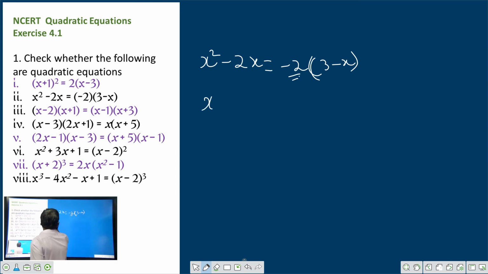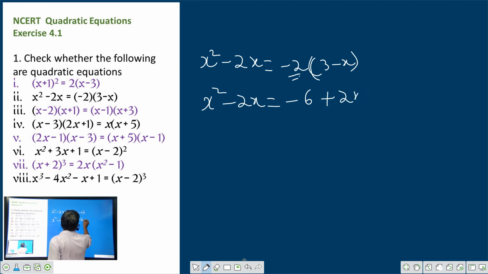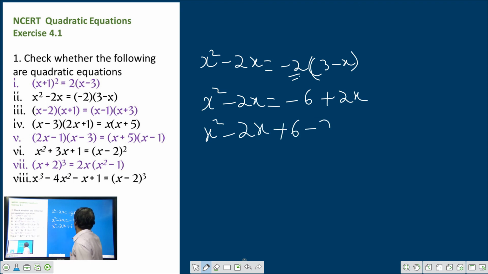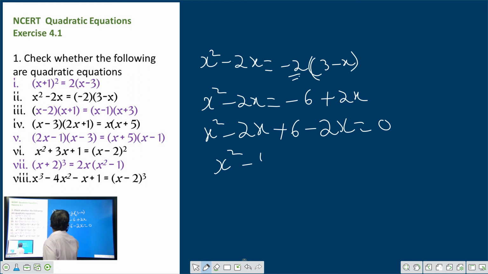So x square minus 2x is equal to minus 2 into the bracket, giving minus 6 plus 2x. So x square minus 2x minus 6 comes itself, plus 6 minus 2x is equal to 0. So x square minus 4x plus 6 is equal to 0.